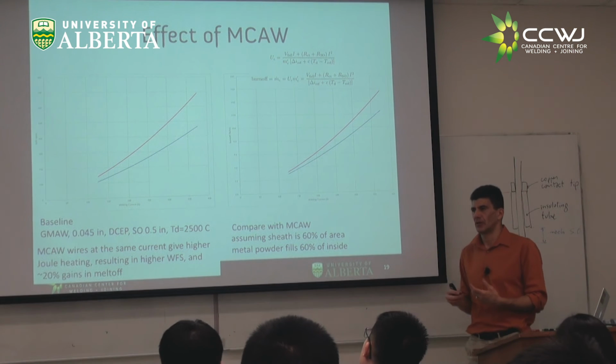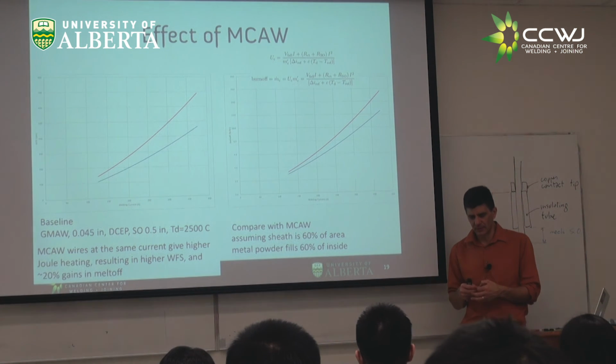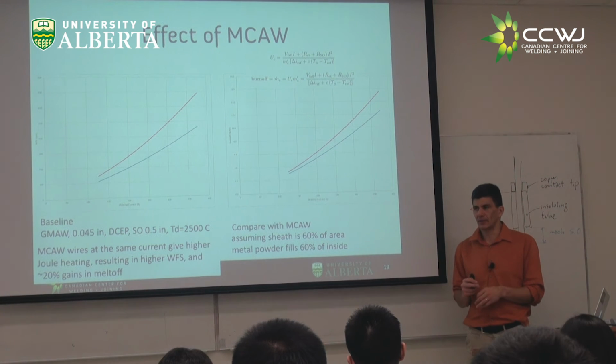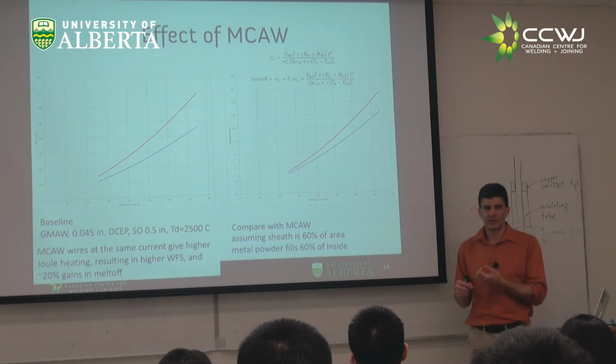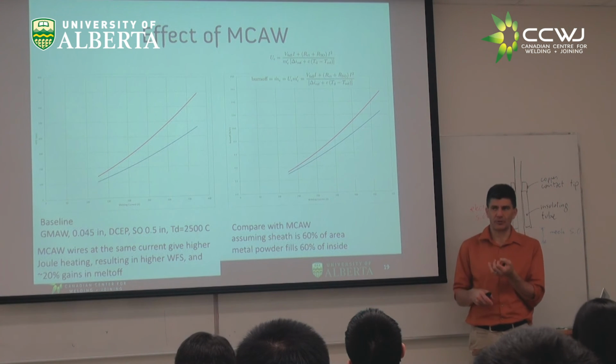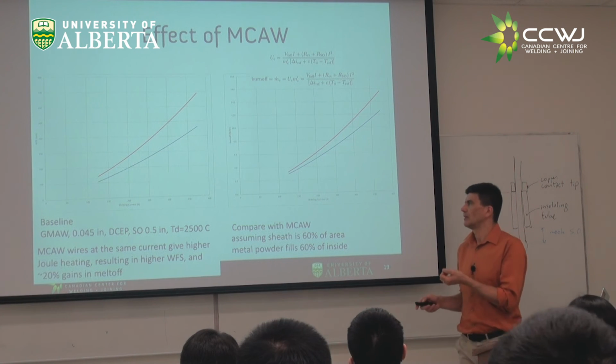Sure, because you have two reasons. One is you have a higher resistivity, and the other, you're putting less metal because what is inside the tube is not 100% full, it's powder, right? Let's say 60% full, but not 100% full.